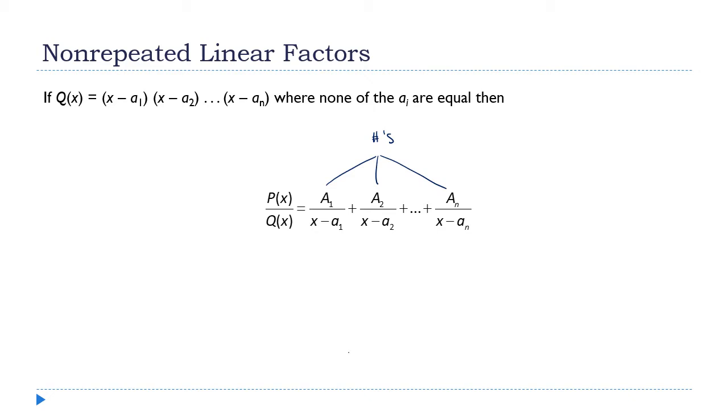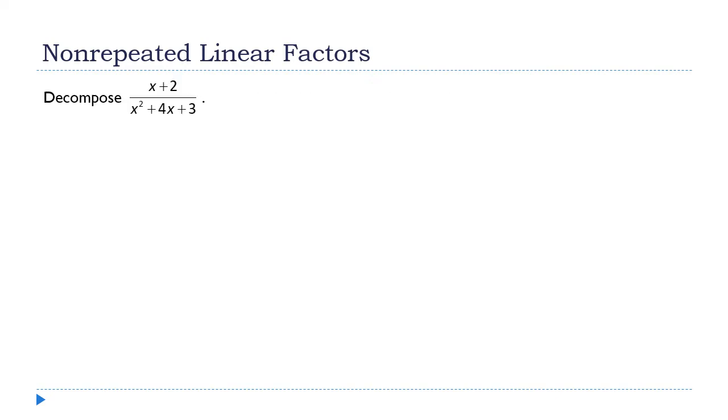And down here on the bottom, these are just the factors of Q. Okay, that's how I want to write it. What am I going to do to get there? Well, I think this is one of those math things where it's easier if we just do some examples.